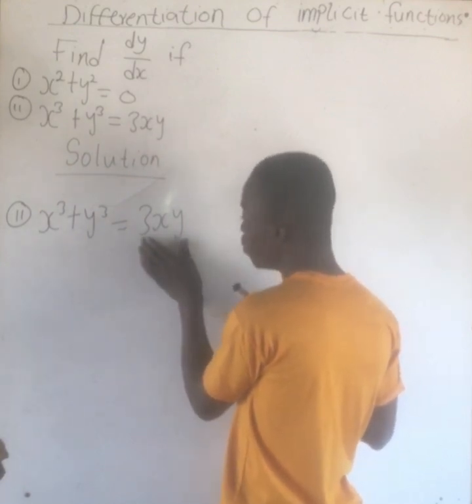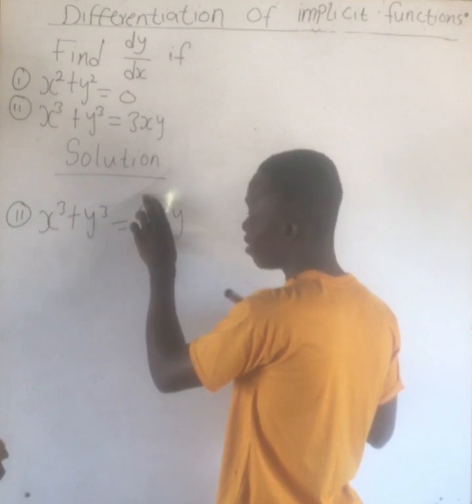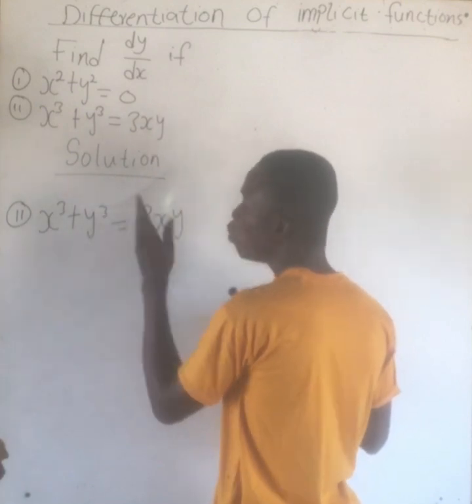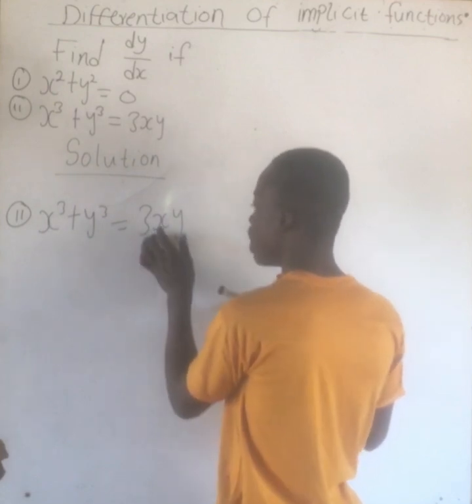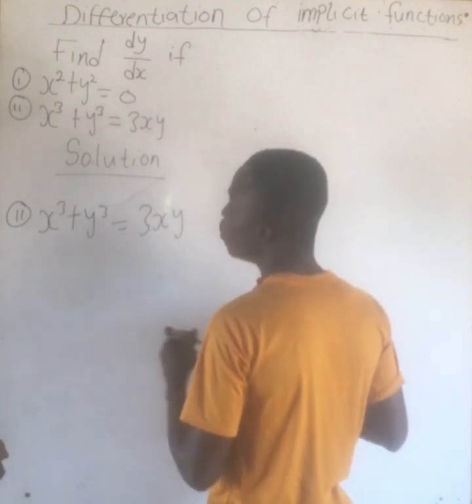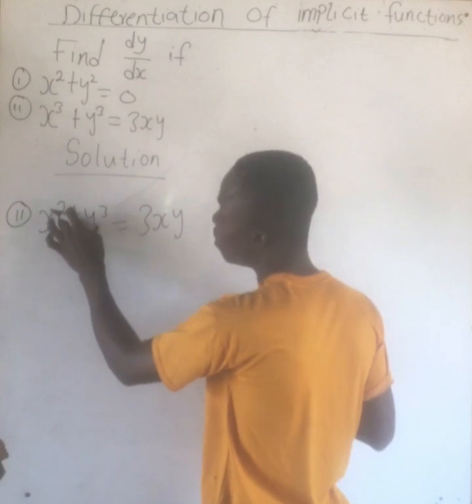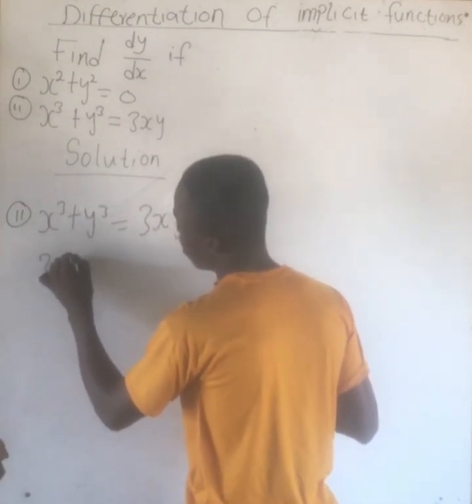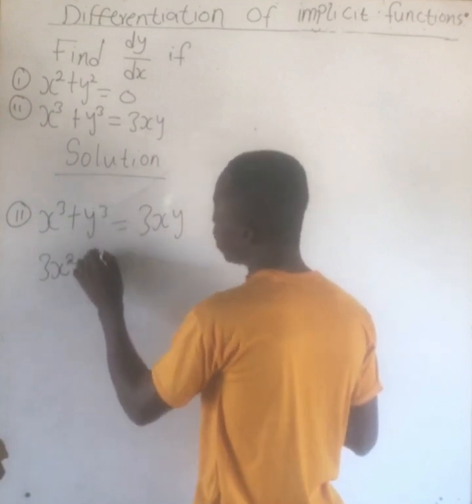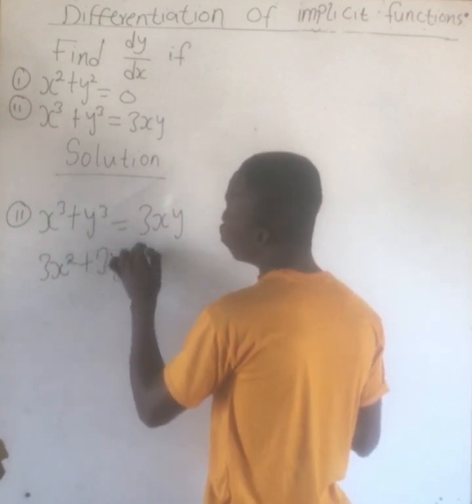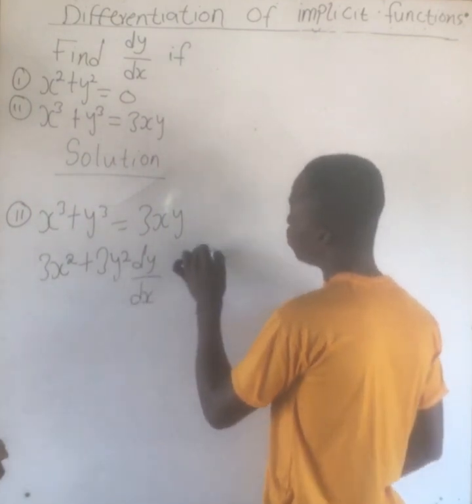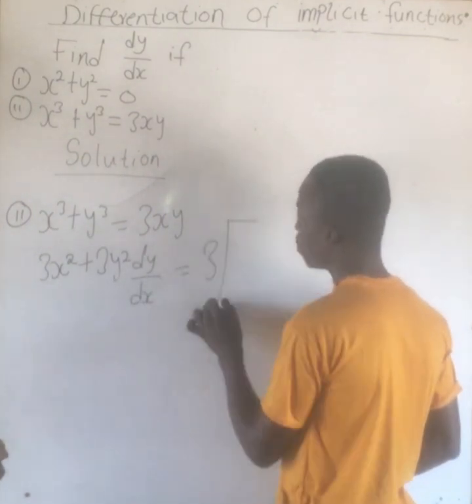What I always tell my students is to factorize the 3 out, so that you can use the 3 and open the bracket when you're done differentiating this one. So differentiating this one will give you 3x squared plus 3y squared dy over dx. And here we factorize our 3 out.